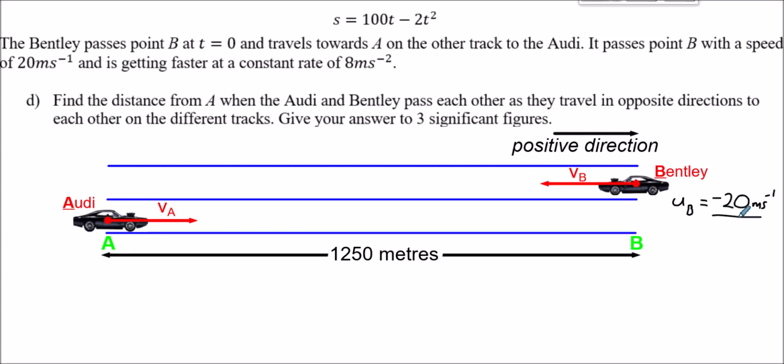So now what we need to do is just consider the Bentley, which is moving in the opposite direction. So considering the Bentley, that is travelling in the negative direction.